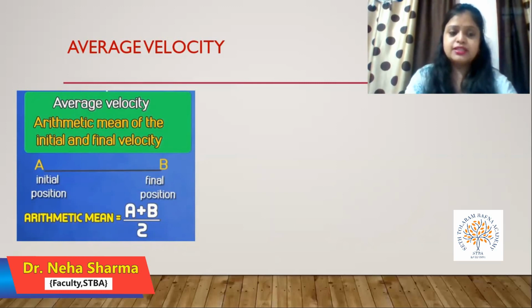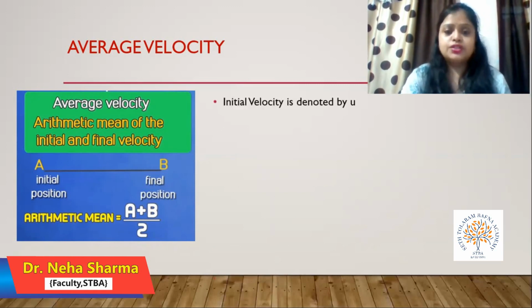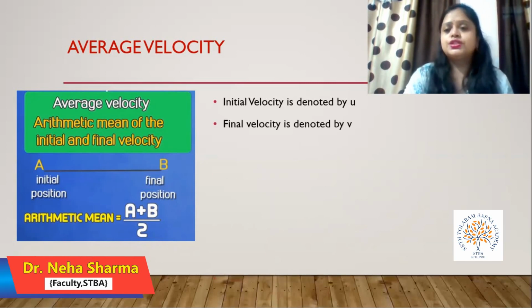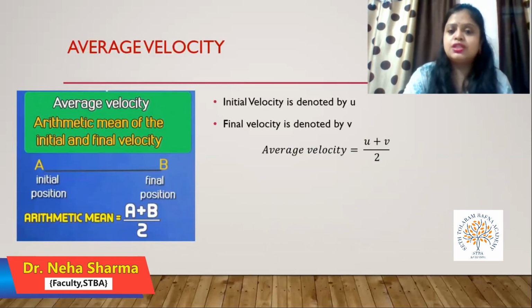So when the object moves from point A to point B, the arithmetic mean is A plus B divided by the number of objects, that is 2. In the case of velocity, the initial velocity is denoted by small u and the final velocity is denoted by small v. So the average velocity is the arithmetic mean, that is (u plus v) by 2.